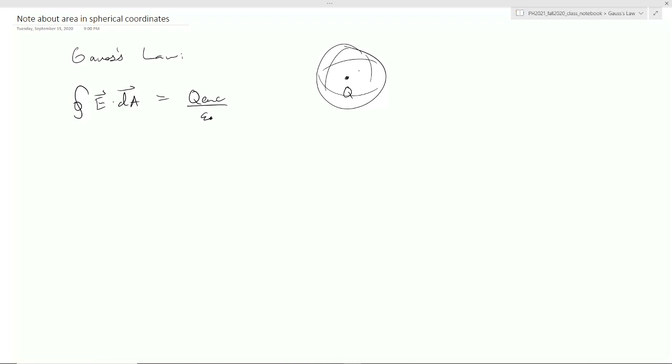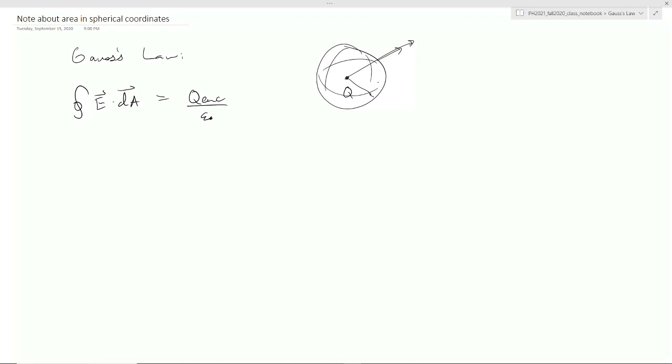This has some advantages. The electric field and the area vector for every point on that sphere are going to be aligned. So the angle is 0, and that dot product just becomes E dA. And additionally, since this thing is spherical, for every r the magnitude of the electric field is going to be the same.